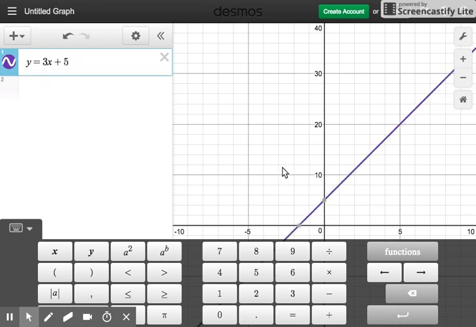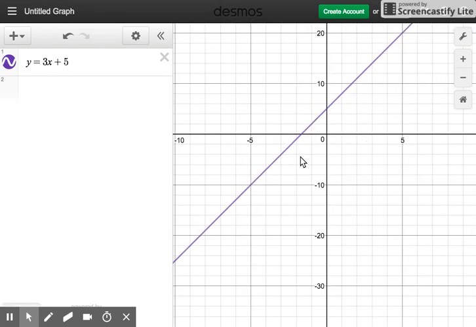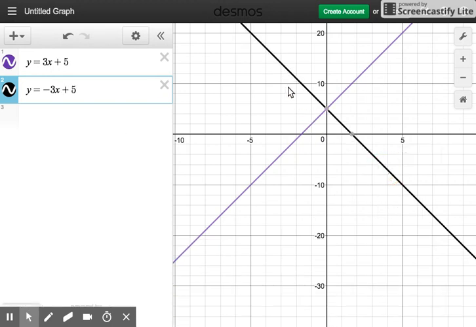And so if I put in here y equals 3x plus 5, we can just move that around so that it fits in the center there. And if we were to put in the exact same equation, but put a negative in front of that 3, then we can see that both lines are going to intercept on the y-axis right at 5, because that's where our intercept is in our equations.